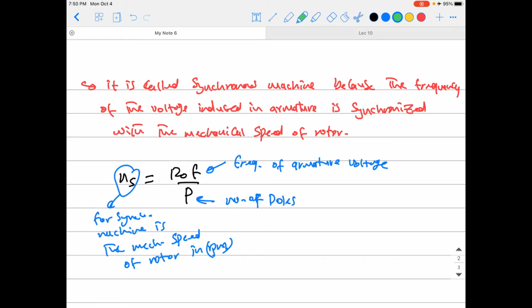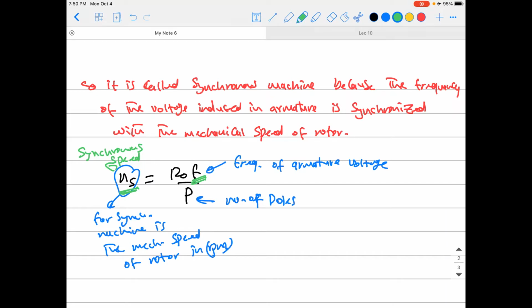So this speed, we call it Ns, the synchronous speed. The change in the synchronous speed is directly translated into a change in the frequency, because 120 over P is just constant.